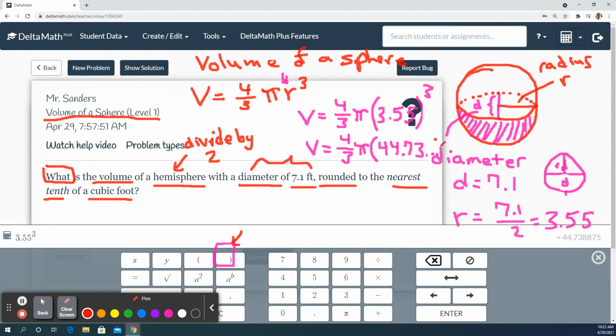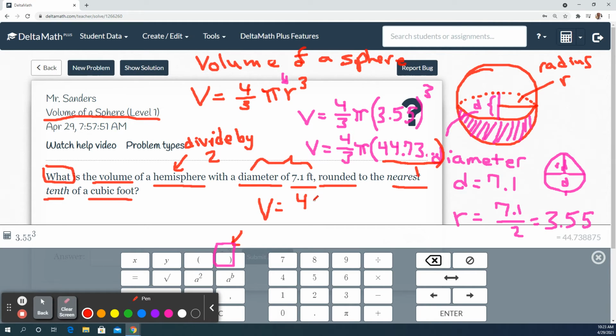I'll switch colors so it helps clear it. Then we're going to take that answer and multiply all these things by it, and then round to the tenth. How would I recommend doing it? I think the easiest way, if you wanted to do it in stages, I would do it as volume is equal to. Now, this is like it's over 1, so we can put that to the top.